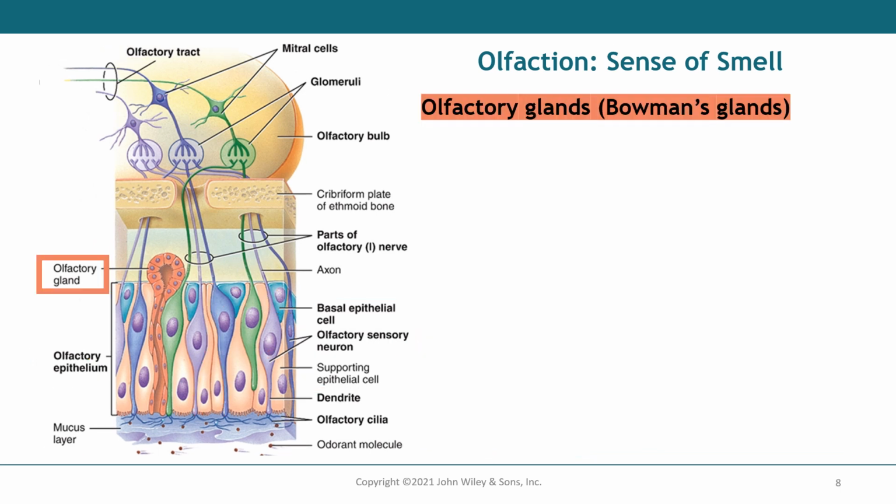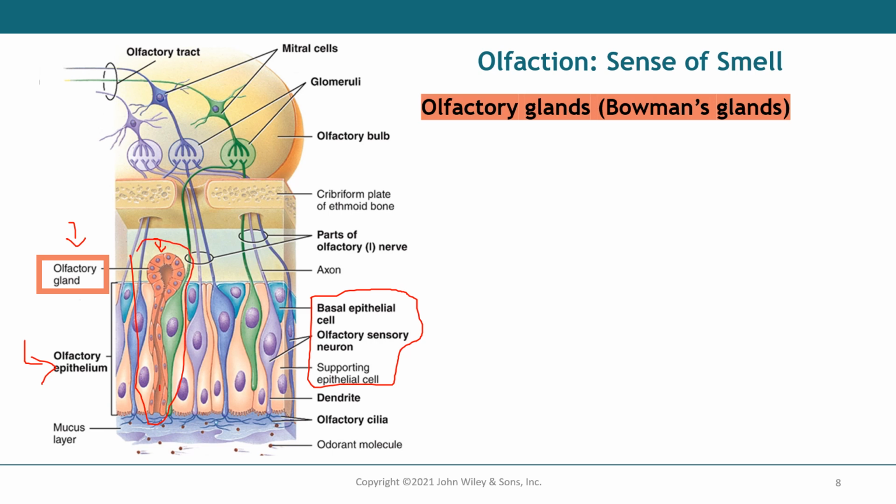So we just finished talking about this olfactory epithelium. We talked about these three types of cells. Some of them were stem cells, other ones were sensory neurons, and other ones were helping the sensory neurons to perform their function. The only thing that we miss is this olfactory gland that you can see here.